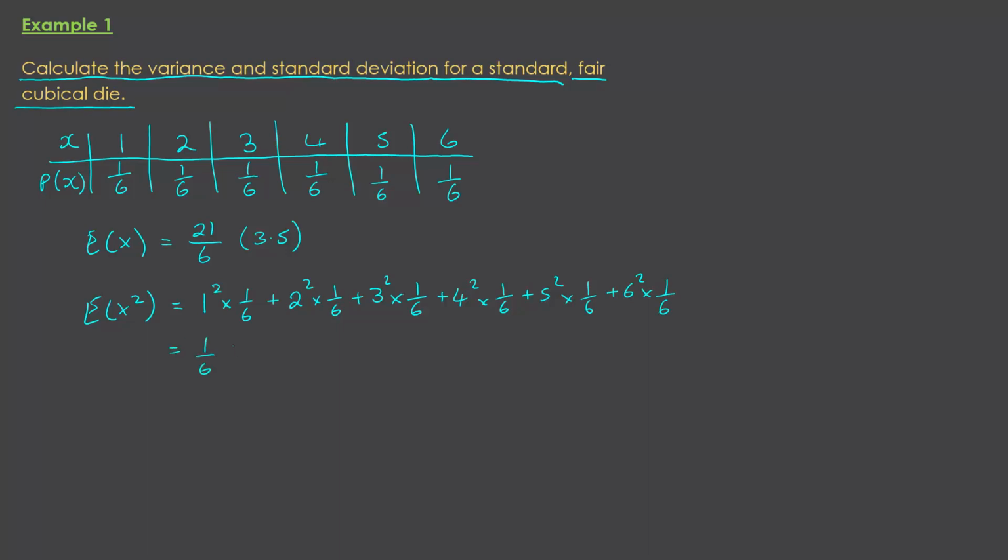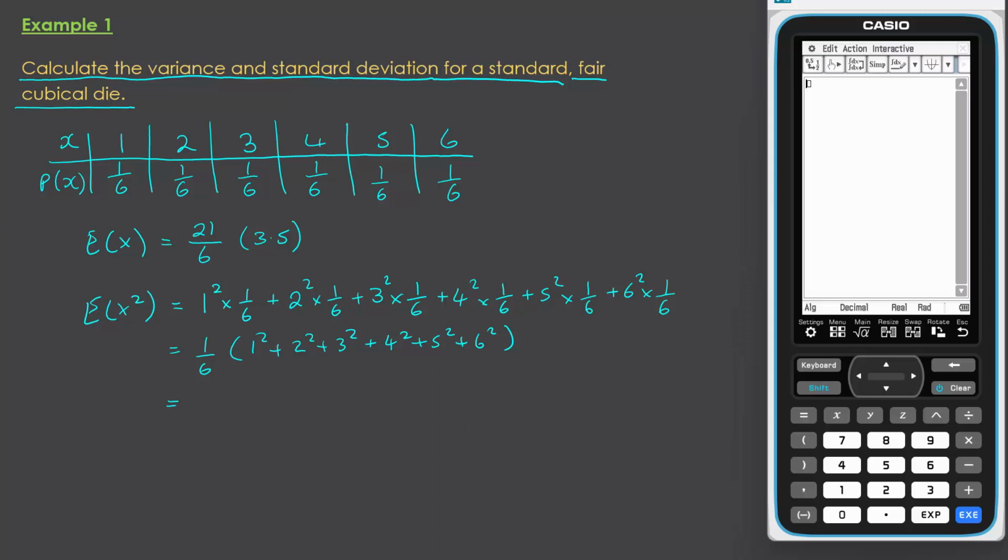Now, you can take the 6th out and then just do 1 squared plus 2 squared plus 3 squared plus 4 squared plus 5 squared plus 6 squared. So that's going to be 1, add 4, add 9, add 16, add 25, add 36, which gives us 91. So that is 91/6.